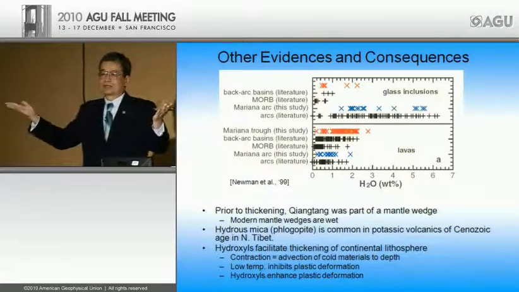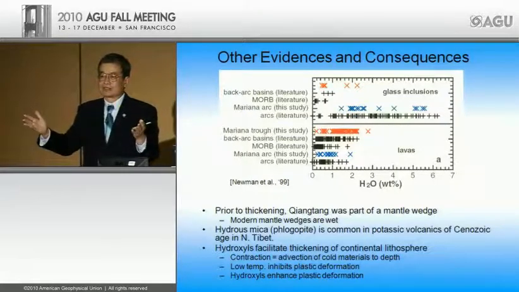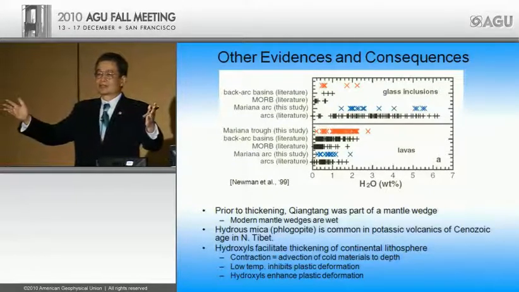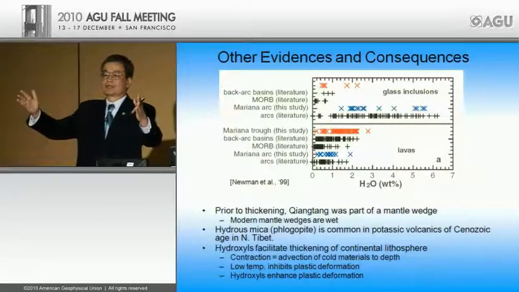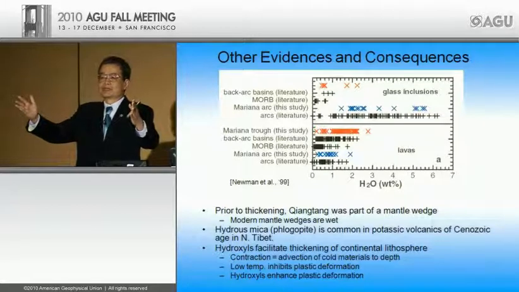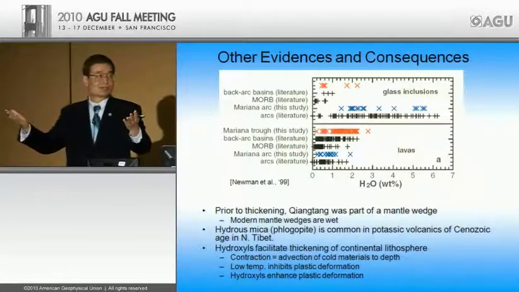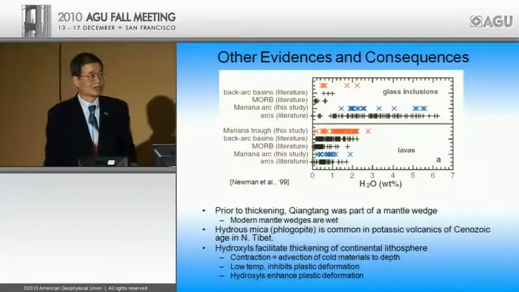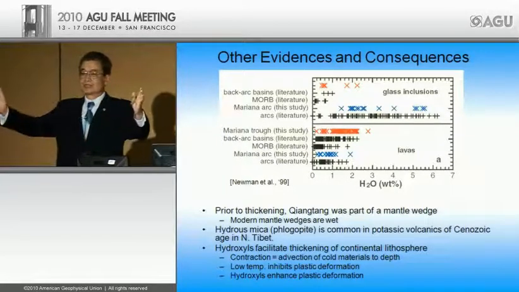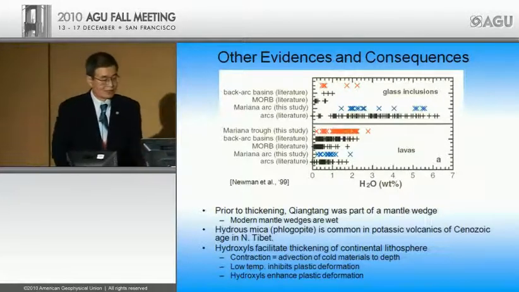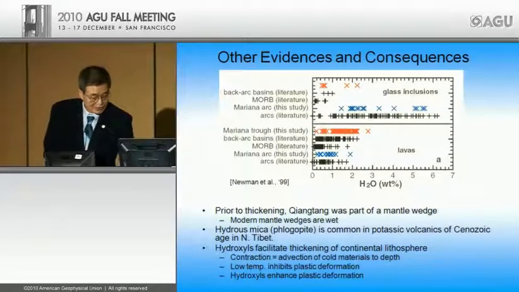And we know that rheology has a very strong dependence on temperature. So if the temperature goes down, the deformation will stop. So as soon as we thicken the lithosphere, it wouldn't want to thicken anymore. However, hydroxyls would facilitate continued deformation. So this works out quite well. Without the hydroxyls, you wouldn't expect thickening of the lithosphere at all.